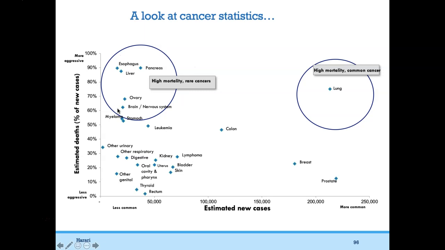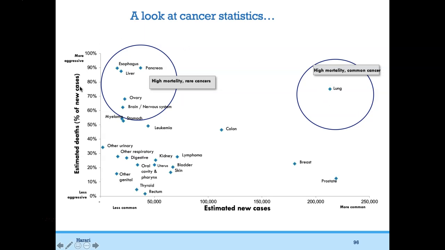Over here, you have some very, very deadly cancers, but they're very rare. Like esophageal cancer and pancreatic cancer are much more rare. So not as many people have it, but they're very deadly. Different pharmaceutical companies might want to go for trying to cure a high mortality common cancer like lung cancer. I think almost every project I was on when I was working in pharmaceuticals was related to lung cancer.